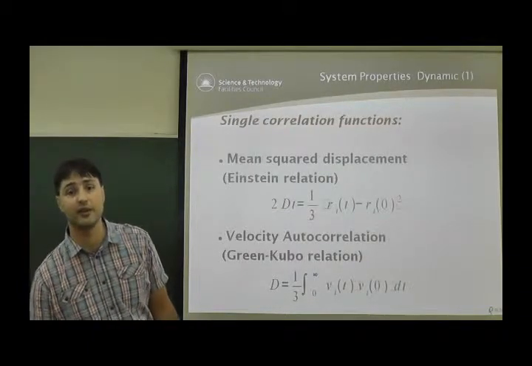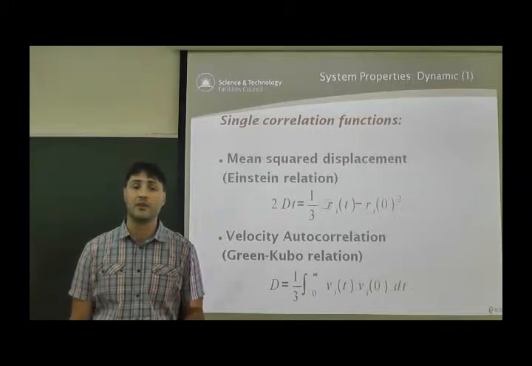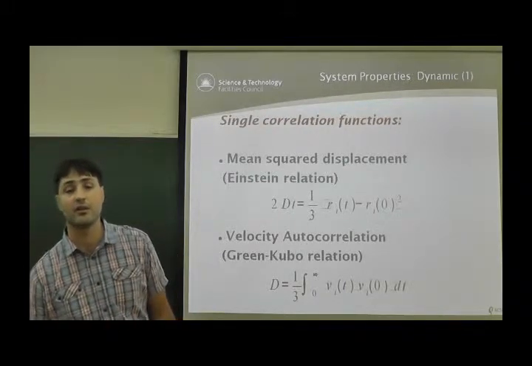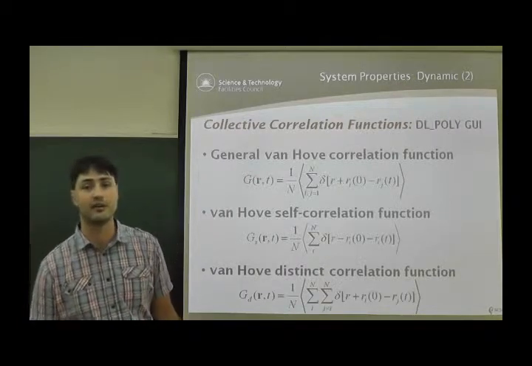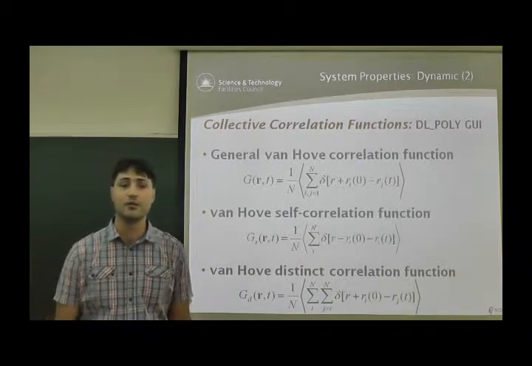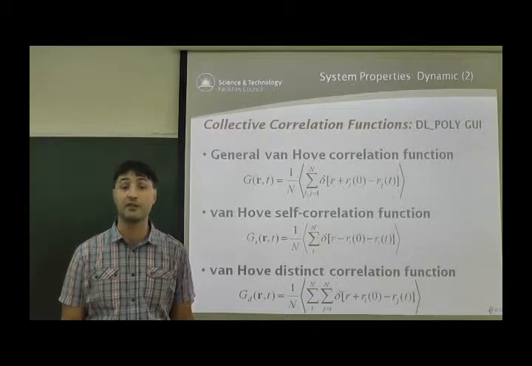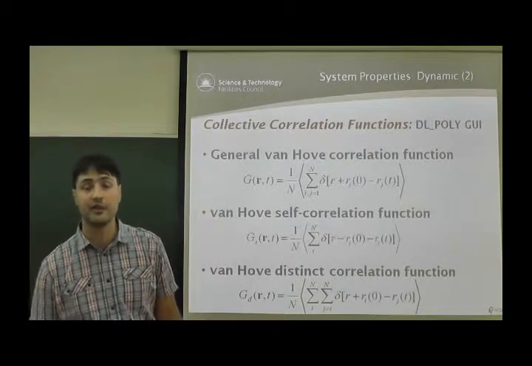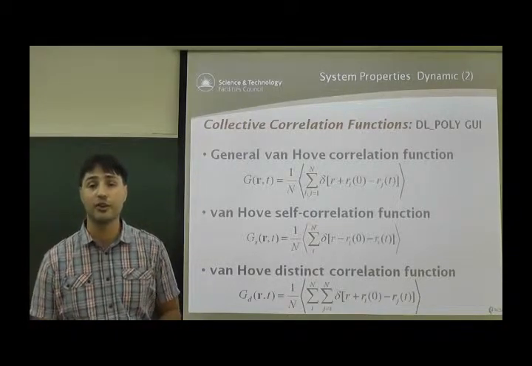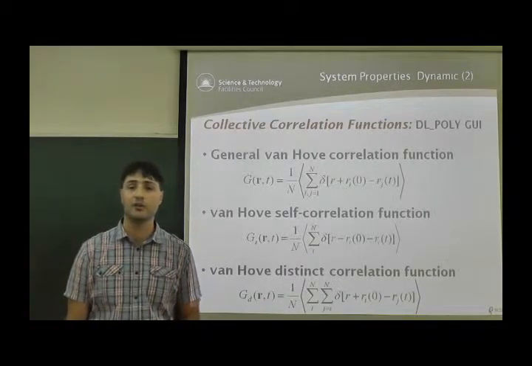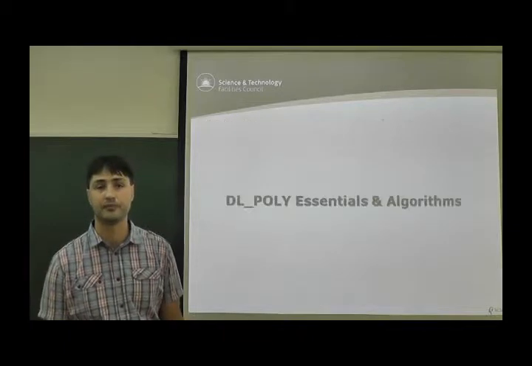And there are correlation functions like the mean square displacement, velocity autocorrelation, and some collective correlation functions like the general Van Hove correlation function and its derivatives, the Van Hove self-correlation function and Van Hove distinct correlation function. Of course, these don't come naturally from the modeling software, but one can use the DL_POLY GUI to obtain those.